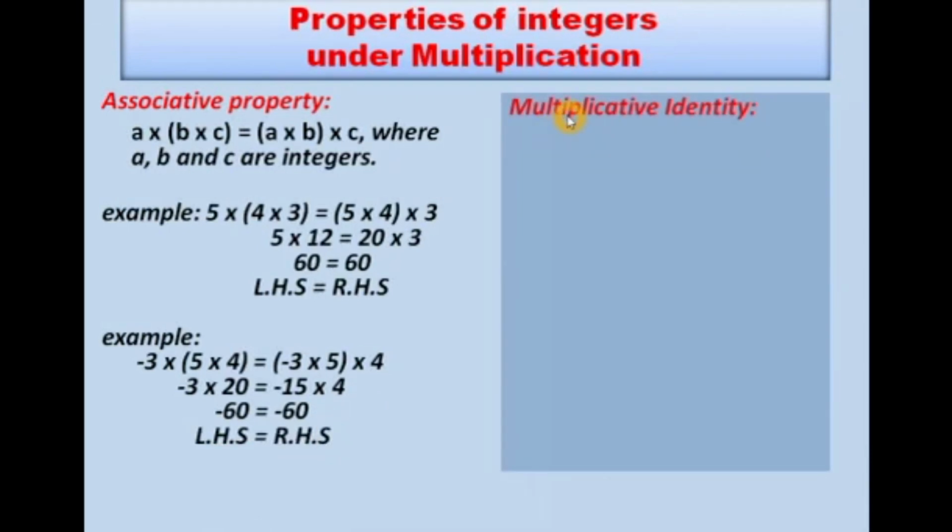Next is multiplicative identity. A multiplied with 1 is equal to A, where A is an integer, which means when any integer is multiplied with 1, we are getting the value of that integer.